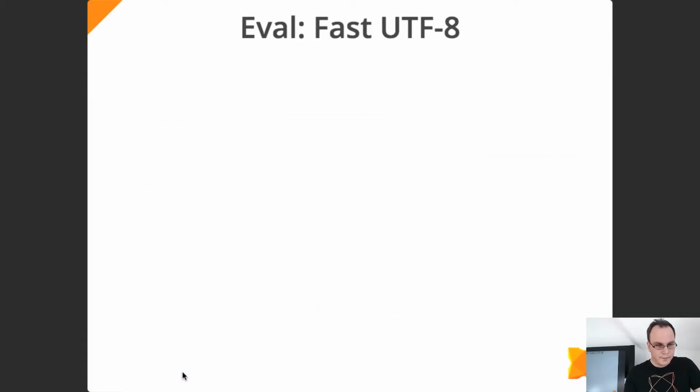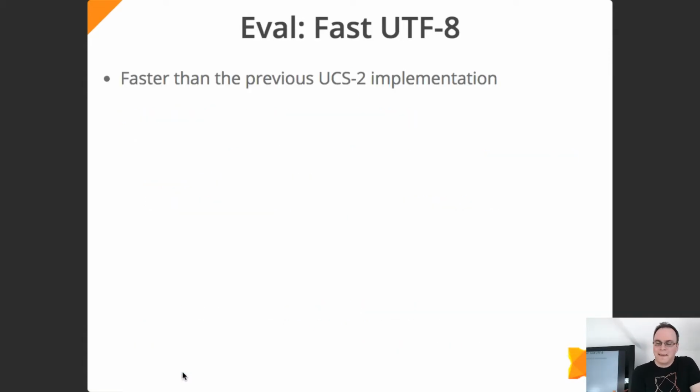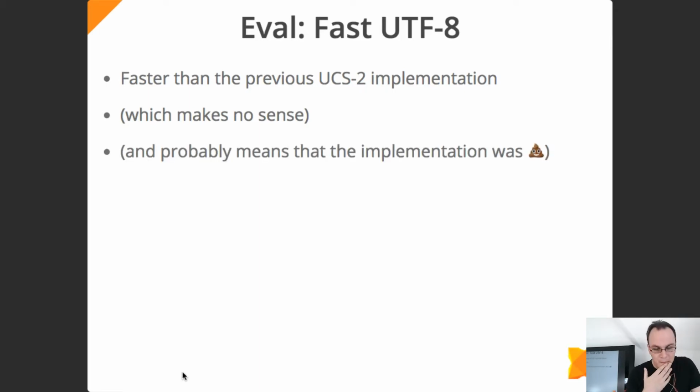So, for some reason, this implementation even turned out to be faster than my previous UCS2 implementation, which makes no sense at all. It shouldn't be faster. It just shouldn't be. And it probably means that the previous implementation was not so good.